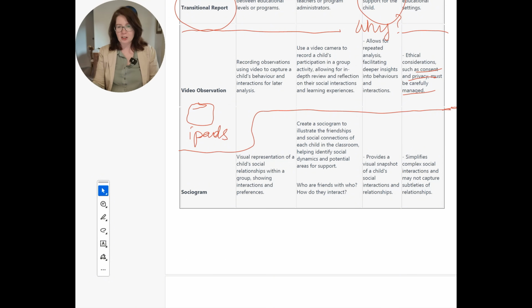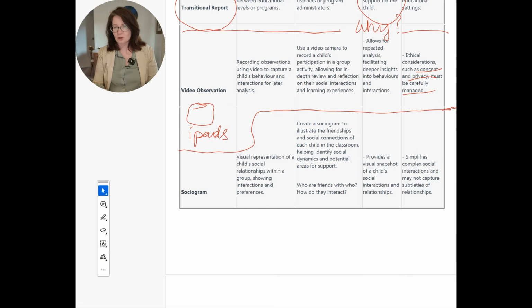This type of observation allows for repeated analysis. So for example, you are watching behavior or skills that are social skills or language or interactions, and you want deeper insights on these interactions. Because if you are just using jottings, you might not see subtleties such as body language, gestures, non-verbal communication that is happening. I think videos are great.